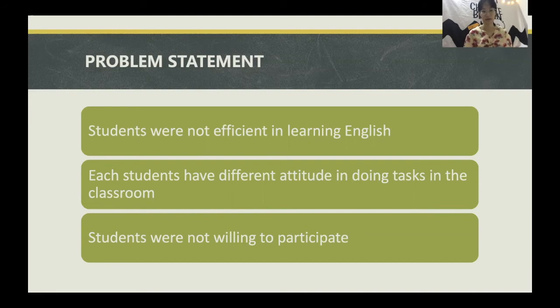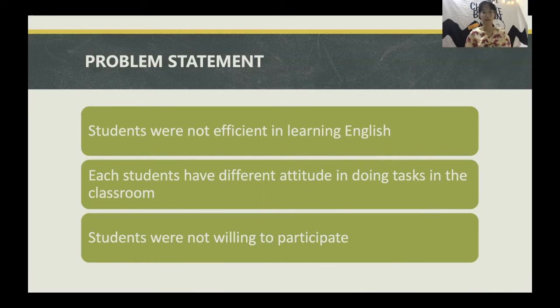answer the questions right. So next is each student has a different attitude in doing tasks in the classroom. And this is because students who don't like to talk in the classroom tend to do exercises by themselves.